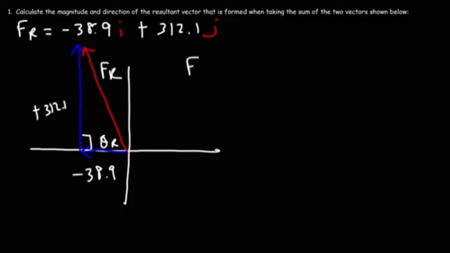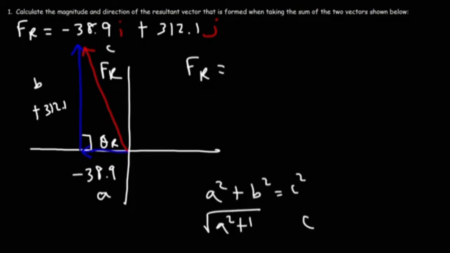Now, to calculate the magnitude of the resultant vector, we simply need to calculate the hypotenuse of the right triangle. If you recall the Pythagorean theorem, let's say this is A, that's B, that's C. We know that A squared plus B squared is equal to C squared. So C, the hypotenuse, is equal to the square root of A squared plus B squared.